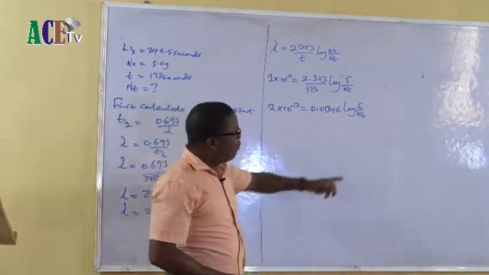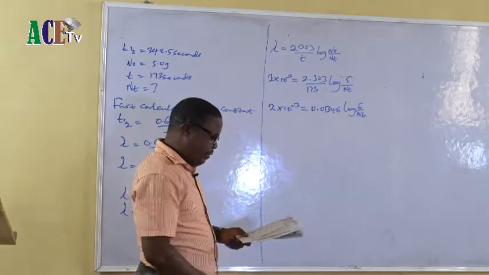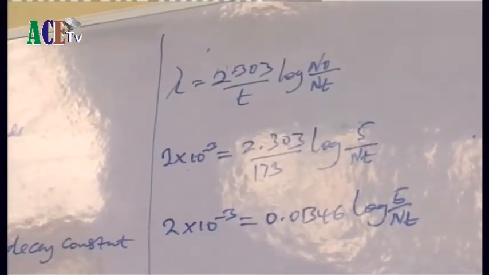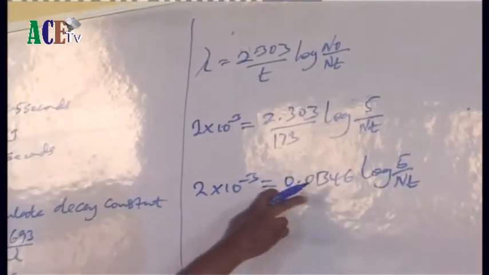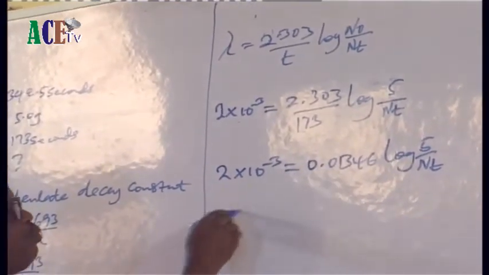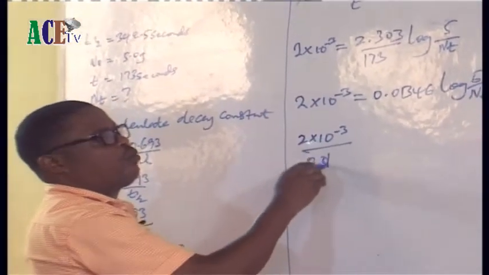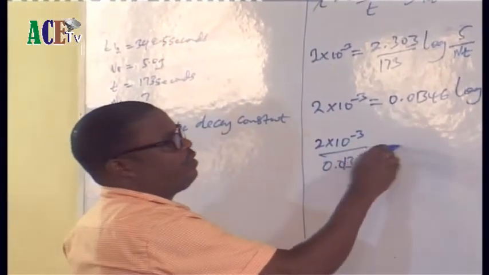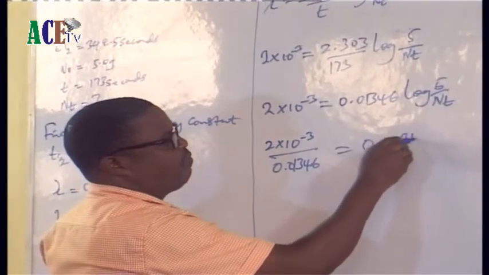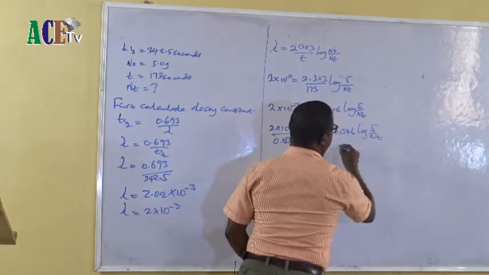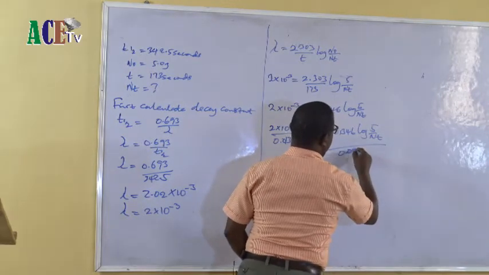Don't forget we are looking for our nt. So from there, divide both sides by this. We divide both sides by this. That's 2 times 10 raised to the power minus 3 all over 0.01346, which is equal to 0.01346 log of 5 over nt divided by 0.01346.